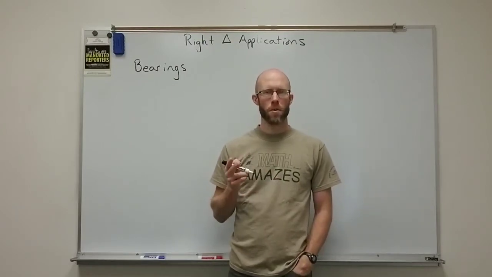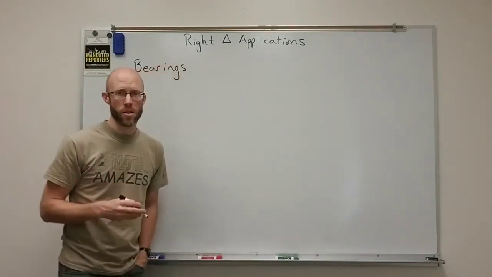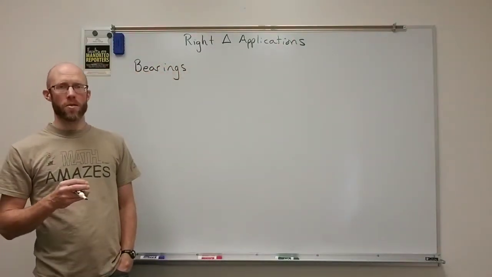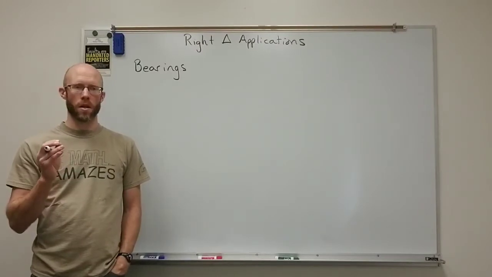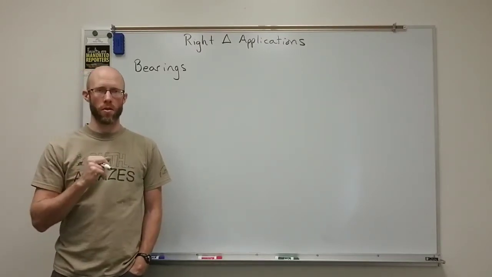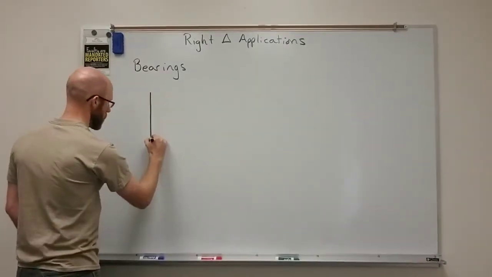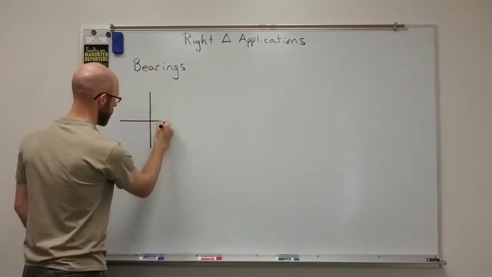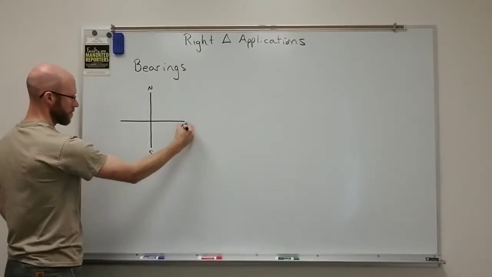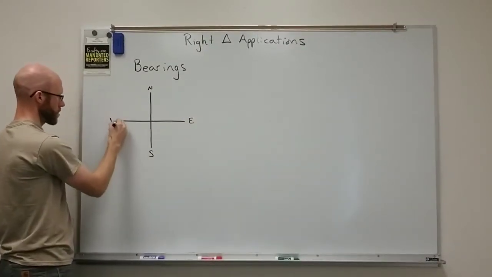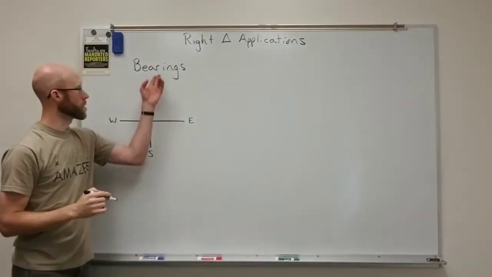There are two typical ways to represent a bearing, or a direction. One of them is basically a degree measurement clockwise off of north. Okay, so for instance, if you consider a set of axes that have north, south, east, and west on them, then you could represent bearings.